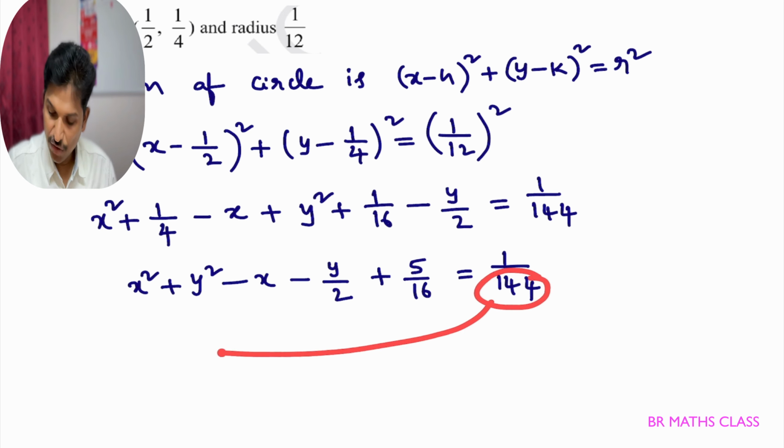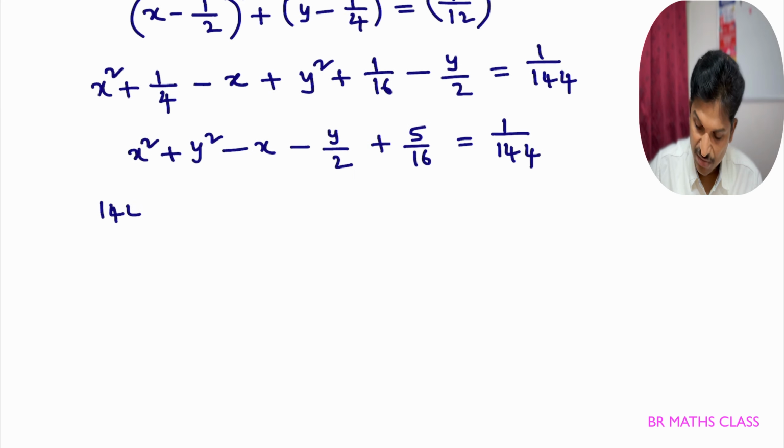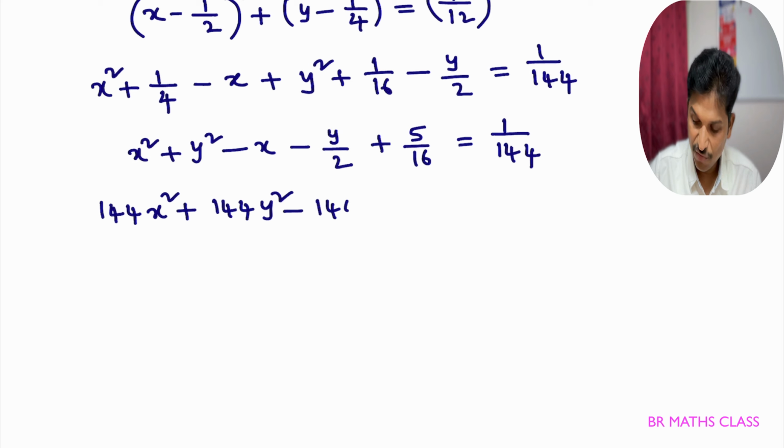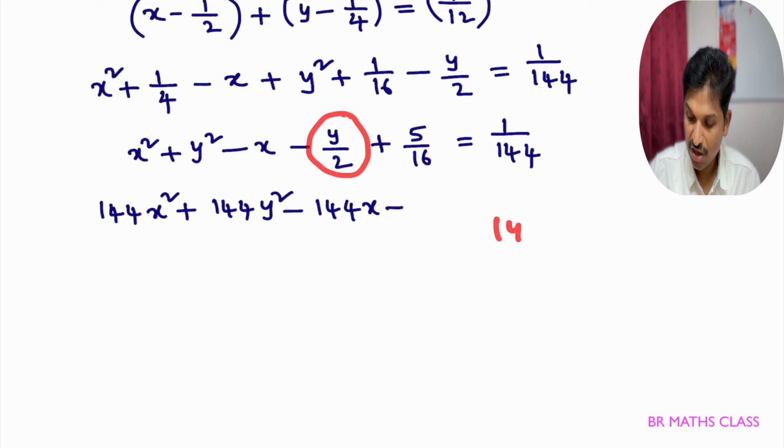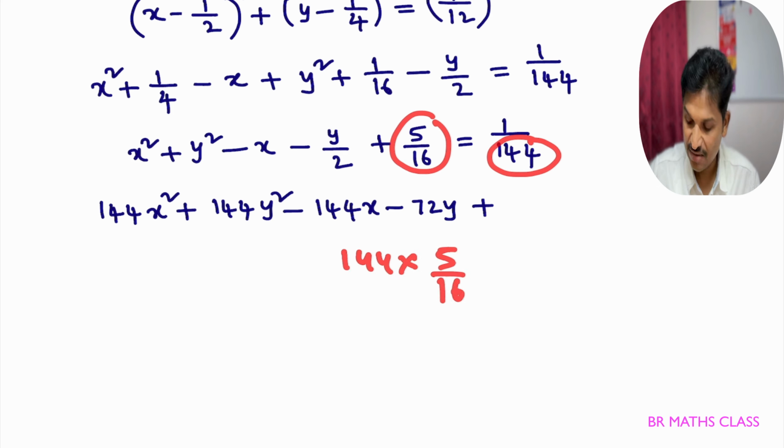Now you take this 144 to the left hand side part and multiply this complete equation with 144. Then you will get like this: 144x square plus 144y square minus 144x minus, look here, 144 into y/2, 2 in this 72 times. So minus 72y, plus, when I multiply with 144, what you will get? 144 into 5/16.